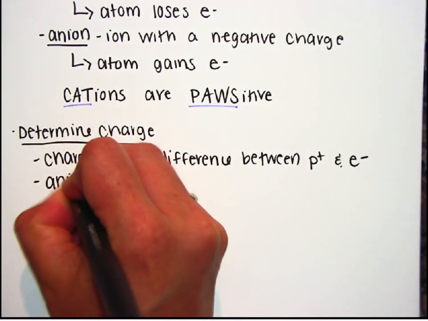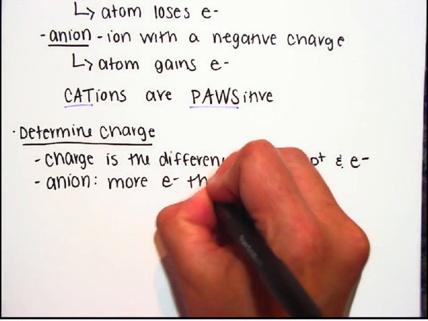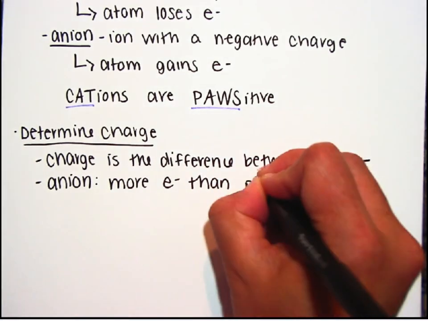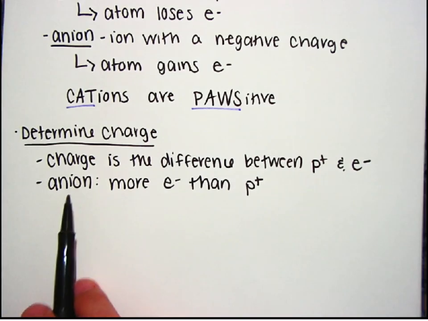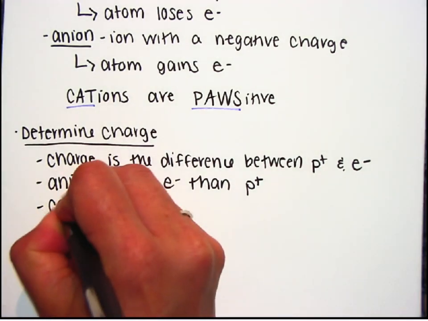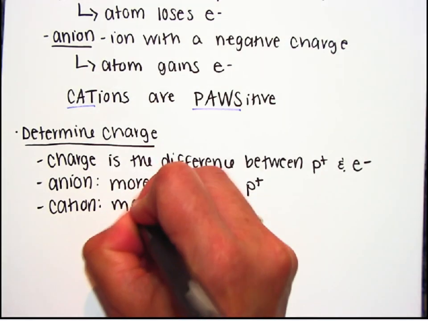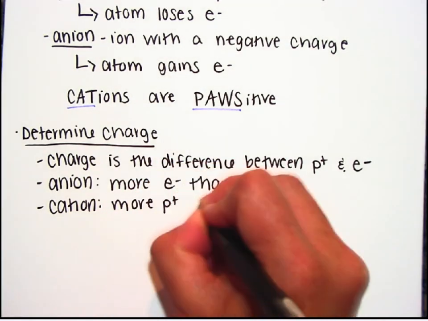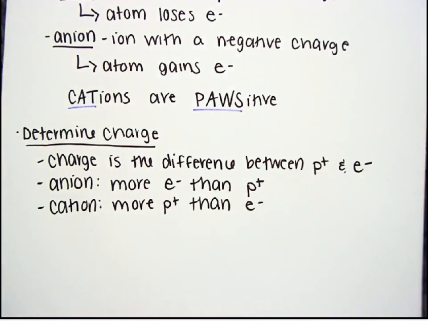If it is an anion, you should have more electrons than protons. That should make sense. Anions are negatively charged. In order to have a negative charge, you need more negatives than positives. If it is a cation, you should have more protons than electrons.